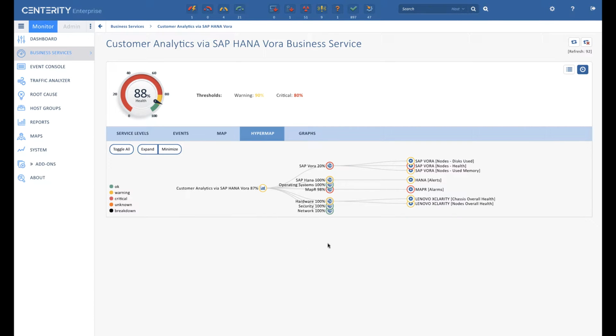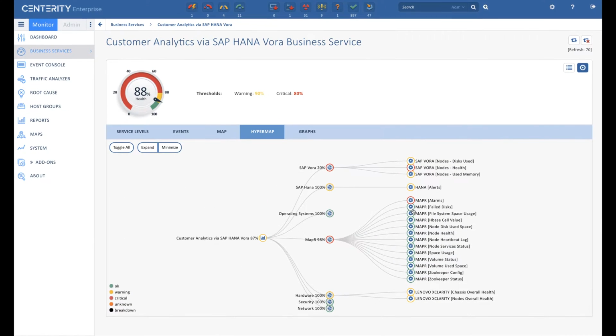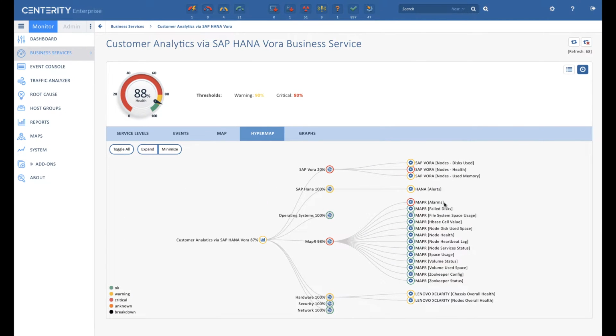Then we have the hypermap, which is also an automatically generated map, and it's an easy visual way to see what metrics are currently critical. If we want to know a little bit more of what is monitored on that specific host, we can also click through and open the entire metric list.